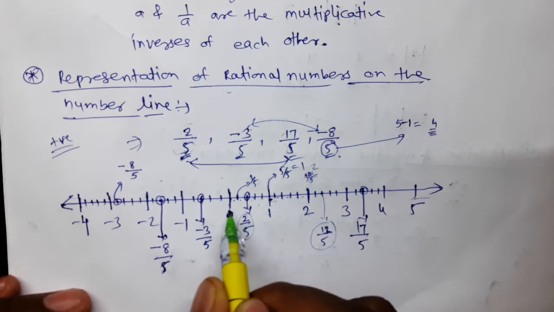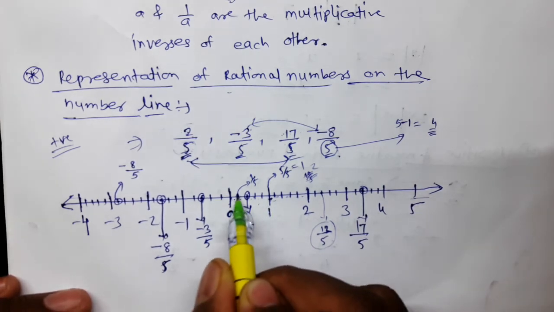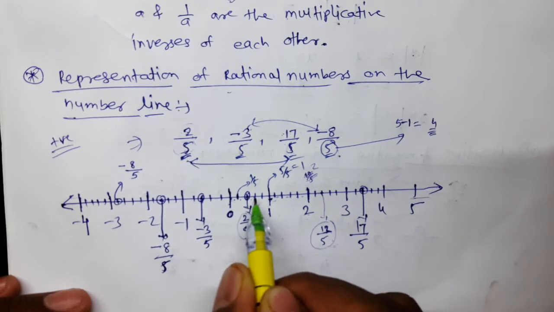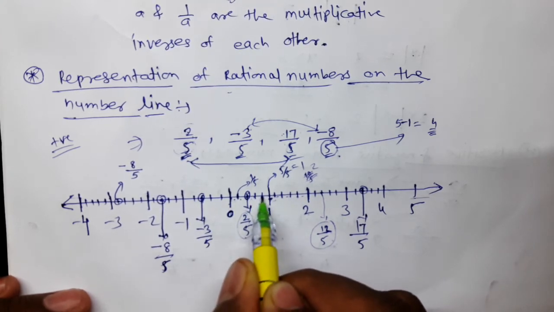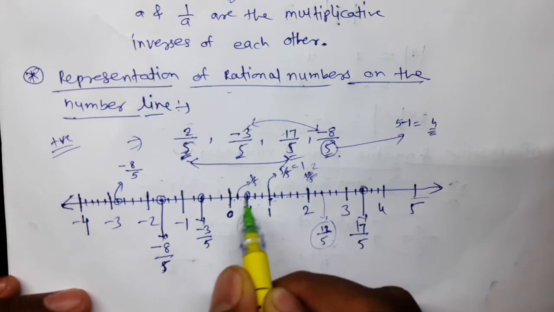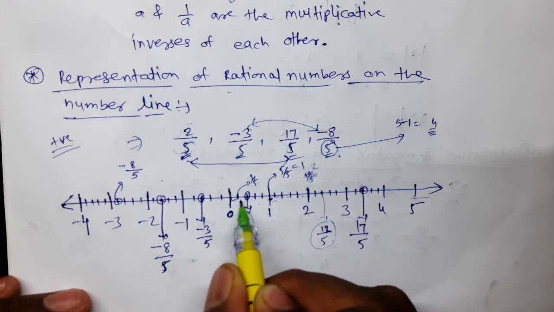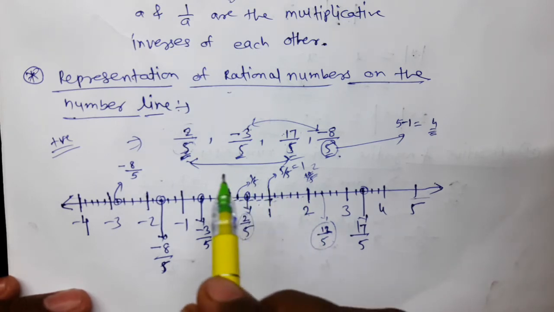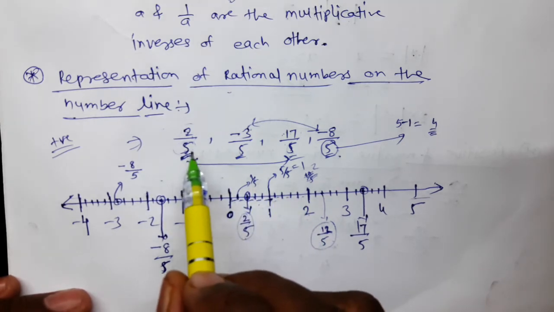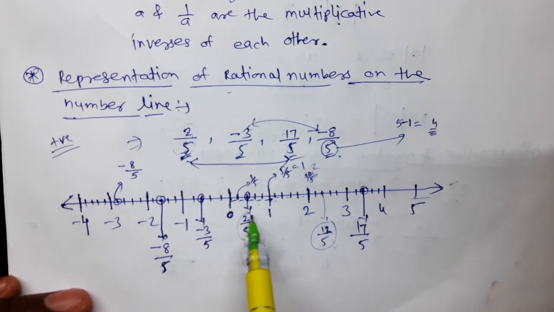It means in between 0 and 1 we have to place 4 lines at equal distance, 1, 2, 3, 4. Then we get 5 equal parts, 1, 2, 3, 4 and 5. We have to obtain 5 equal parts, so we have to place 4 lines in between any two integers.